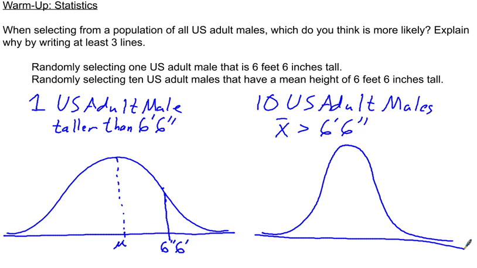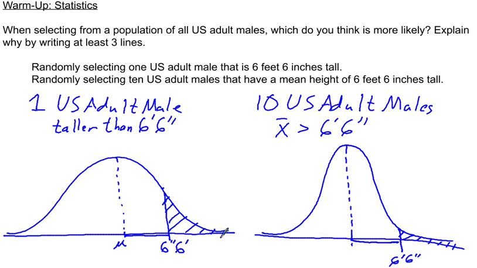We know the mean is the same. The mean would still be about 69. But now, taking the same distance between the mean and our data value, it looks about there. Much less area to the right is left in our sampling distribution, whereas the area to the right is much greater in the population distribution.